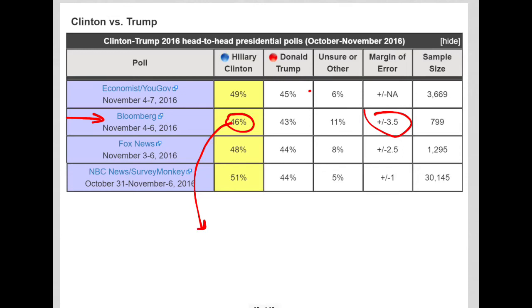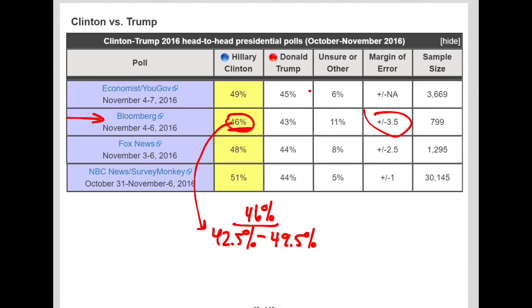So if we take 3.5 from 46, that puts us at 42.5%. And if we add it, so I'm adding and subtracting 3.5 to 46%, it could be anywhere from 42.5 to 49.5%.